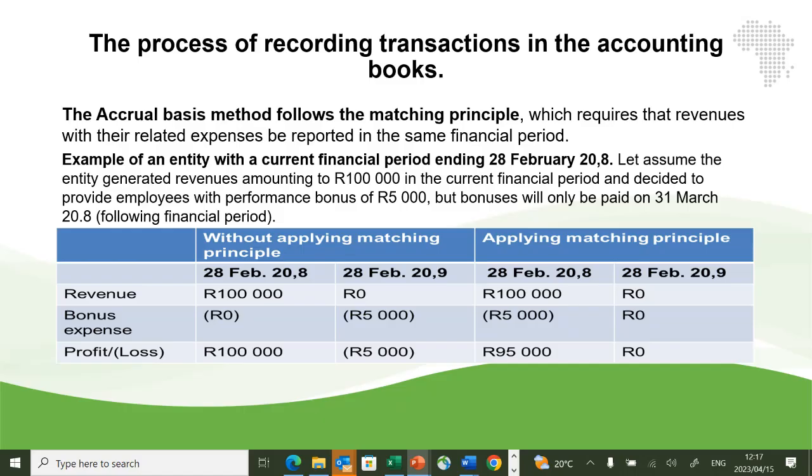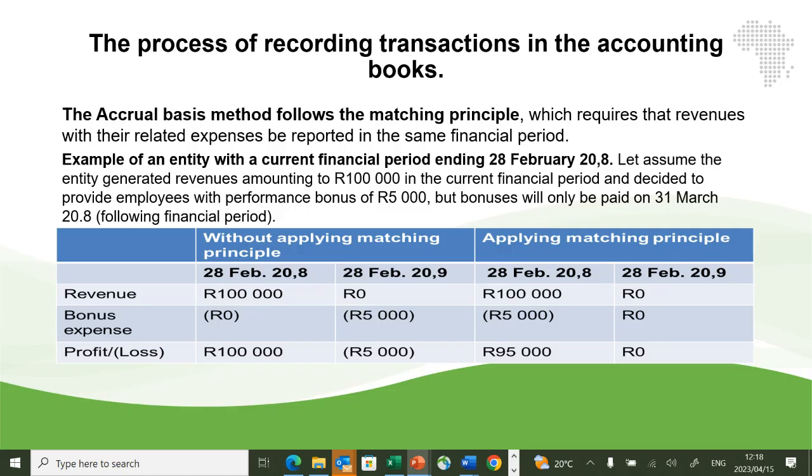Another part that I need to explain when we deal with the accrual basis method is that it follows a matching principle. So what does the matching principle require? It requires that revenues with their related expenses be reported in the same financial period.